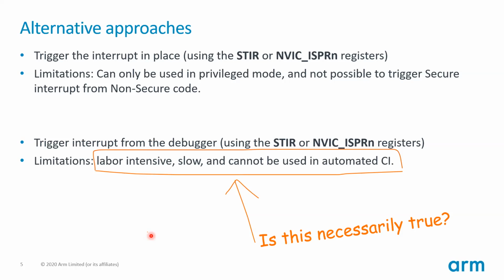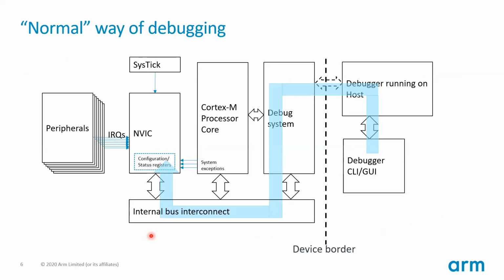What we found is that it is not really true. This is how a typical debugging setup looks like. One is interacting with the debugger GUI or CLI. The debugger is running on the host.